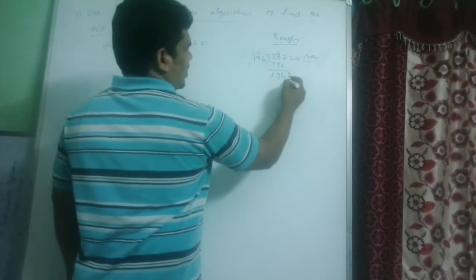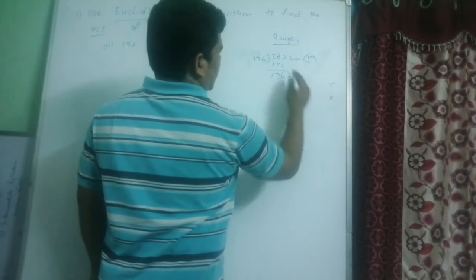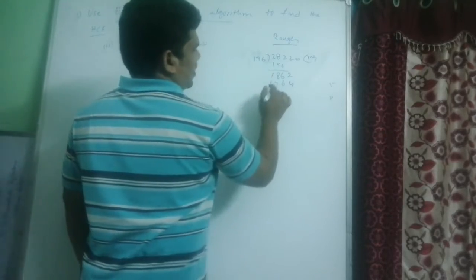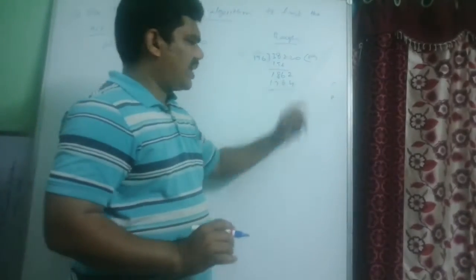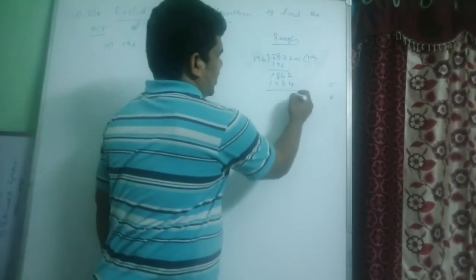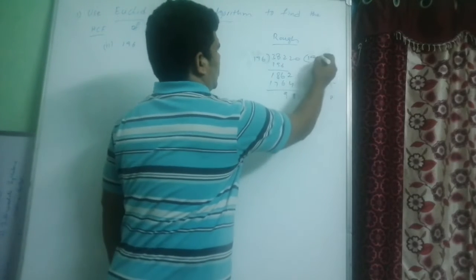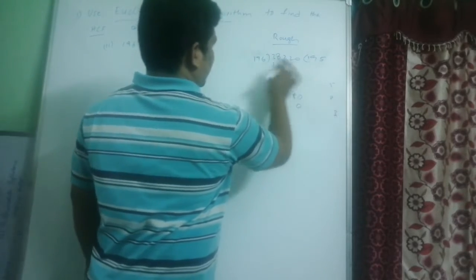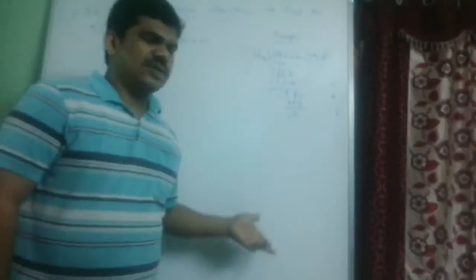If you do 196 into 9, we get 1764. If you do the division properly, you will get this.